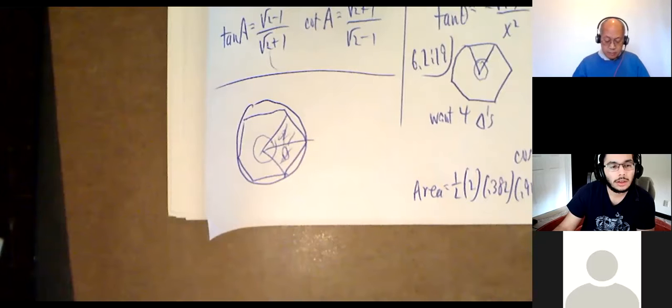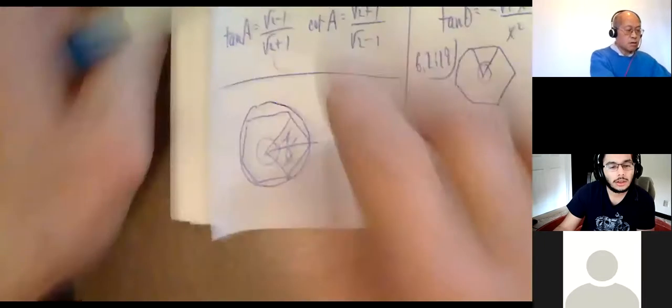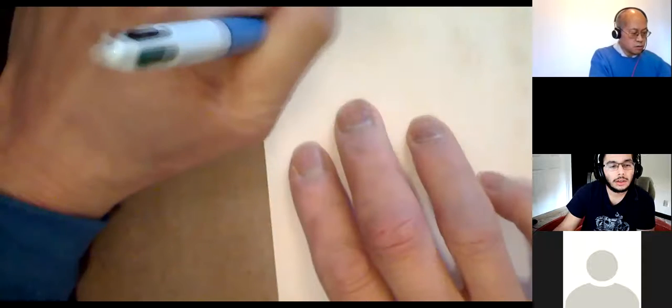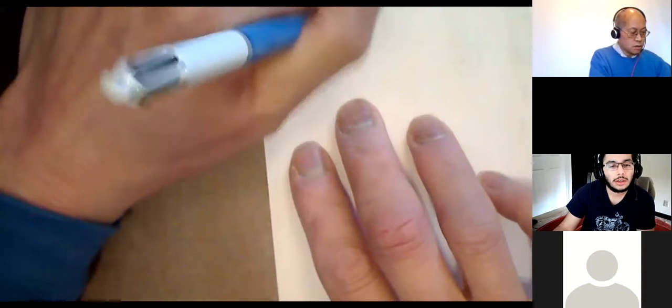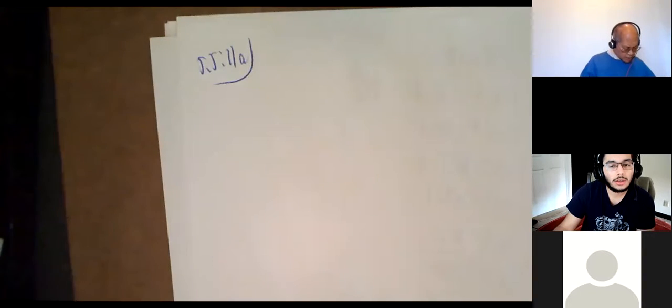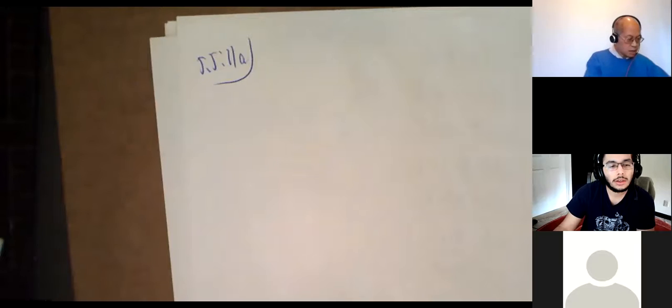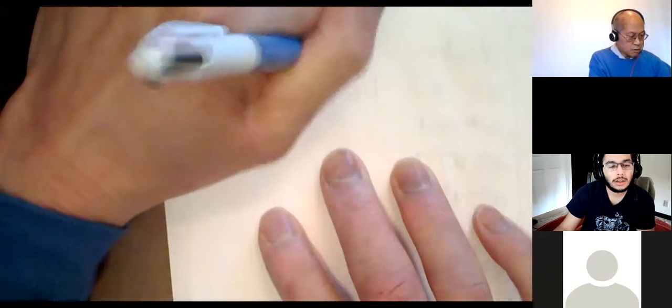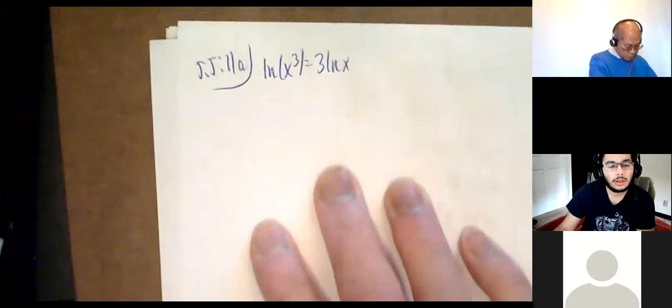5.5, 11, A and B. Okay, 5.5, 11A: ln of x cubed equals 3 ln x.